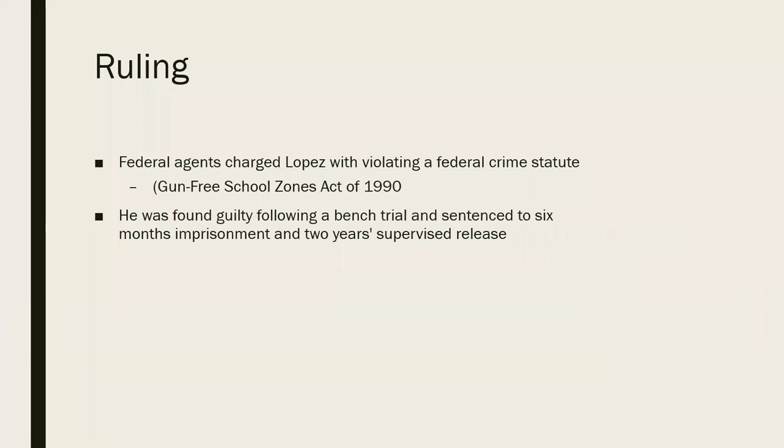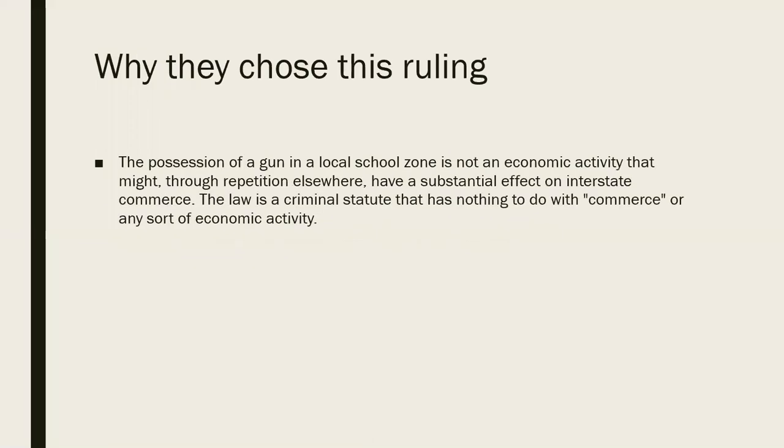They charged Lopez with violating a federal crime statute, which stated that there cannot be guns in school zones, and it had been one that was around from 1990. And he was originally found guilty of violating the federal law and sentenced to 6 months imprisonment and 2 years supervised release. However, this all ends up getting dropped.